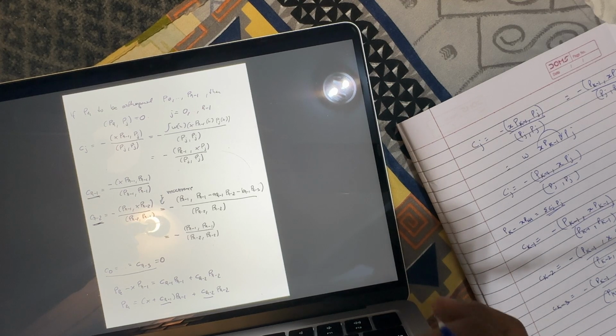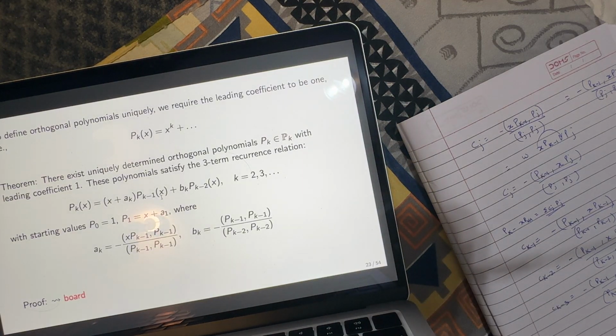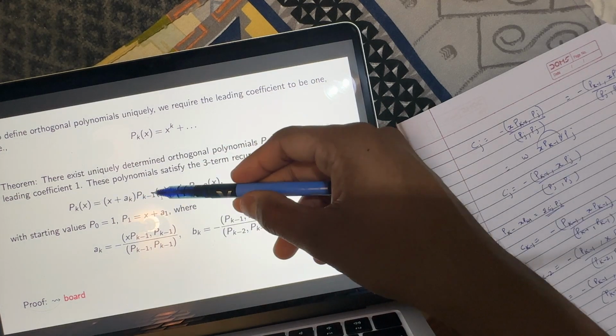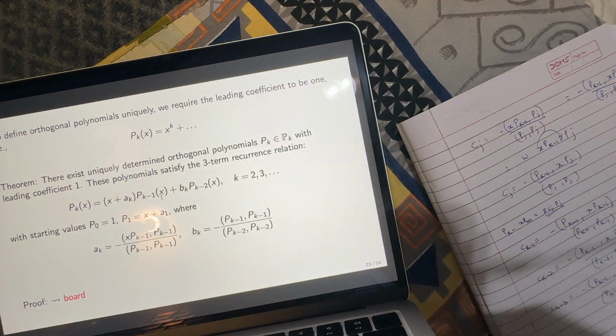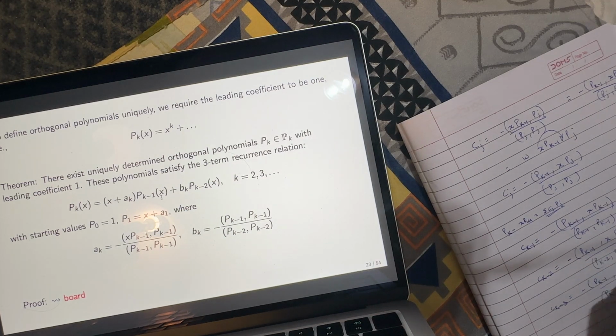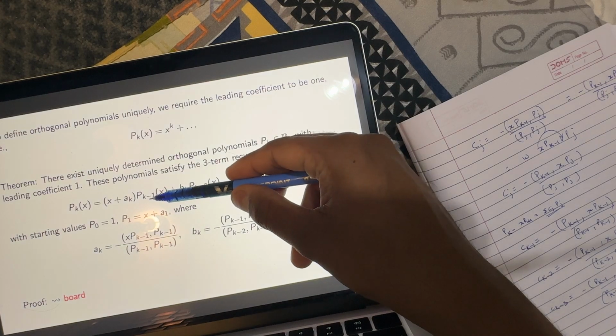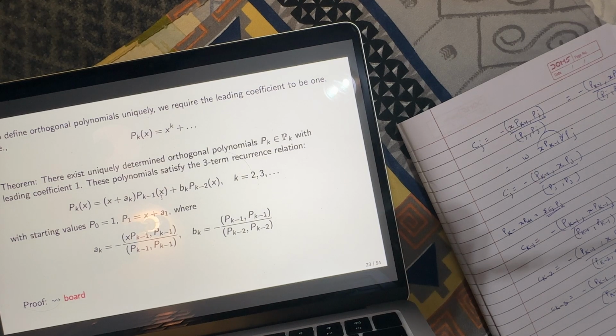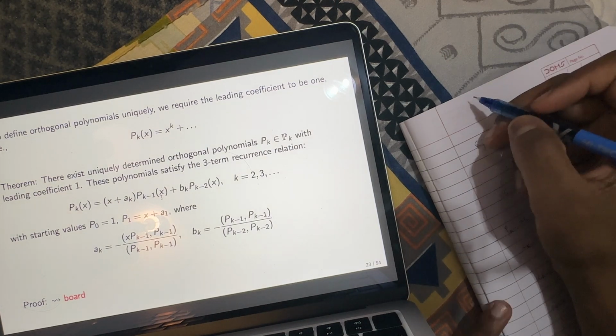I see what they've done. They've used the recurrence relation already. So I want to use x Pk minus 2 from here and bring it one degree higher. So x Pk minus 2 will contribute to a Pk minus 1. Let me write x Pk minus 1.